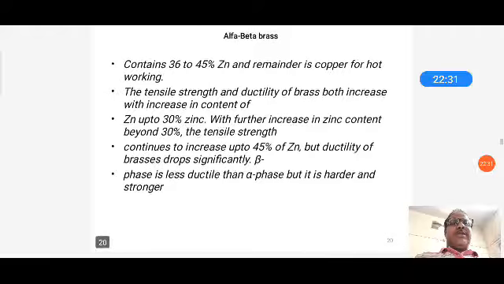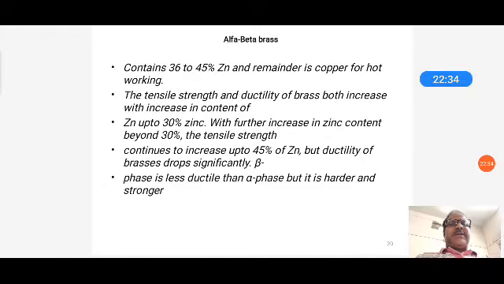The next one is alpha plus beta brasses. The alpha plus beta brasses contain 36 to 45% of zinc, and the remainder is copper, for hot working applications. The tensile strength and ductility of brass both increase with increasing content of zinc up to 30% zinc.